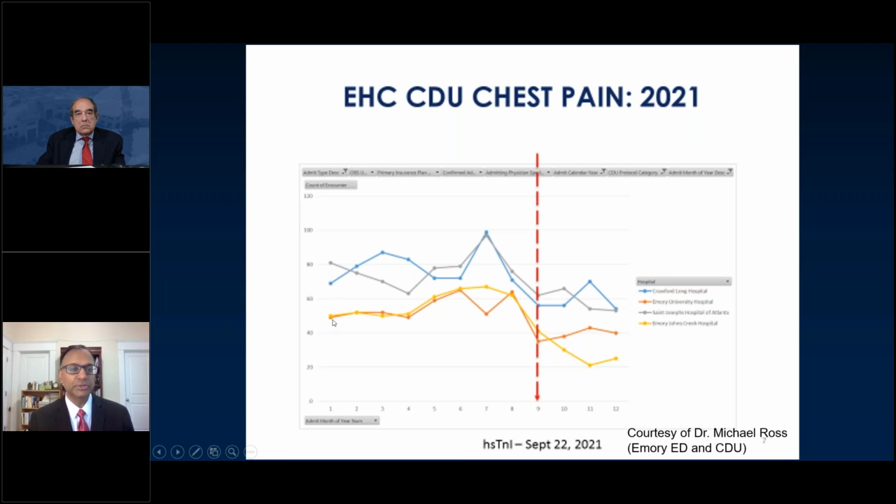You can see it's measured on the order of 50 hours, 80 hours, and you'll notice almost immediately after implementation, right from that point, these are months of the year, there was about a 40% drop in the length of stay at our different hospitals from implementing HS troponin.